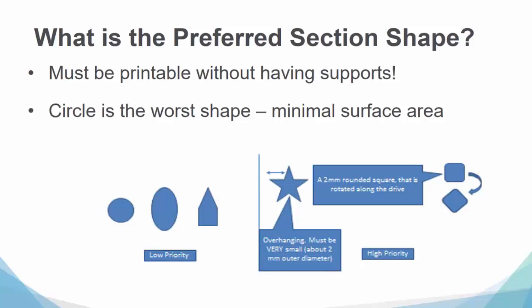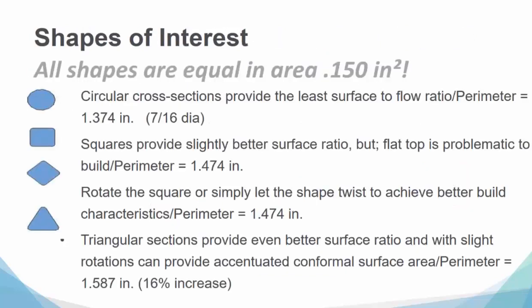One way of defeating that is by rotating that shape into a more printer-friendly direction, or twisting it as you wrap it around and spiral it up through the core that you're working with. We'll talk further about this. We found some numbers that we can throw at you that you will probably find very interesting.